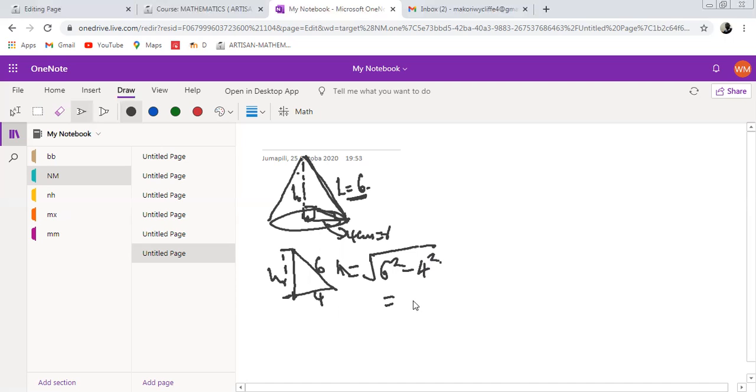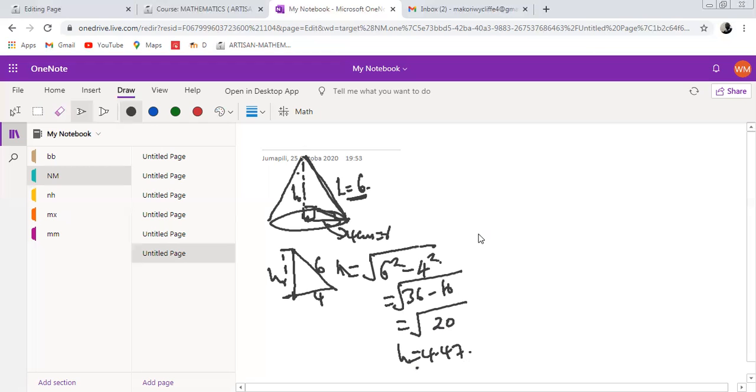So this one will give us what? 36 minus 16, which is actually 20. The root of 20 is 4.47.